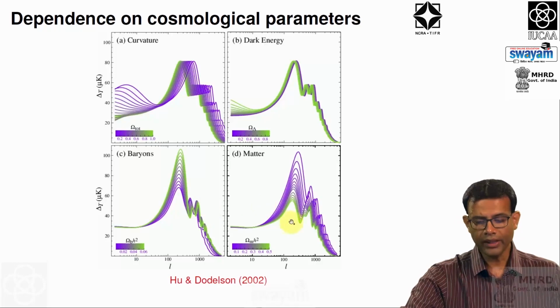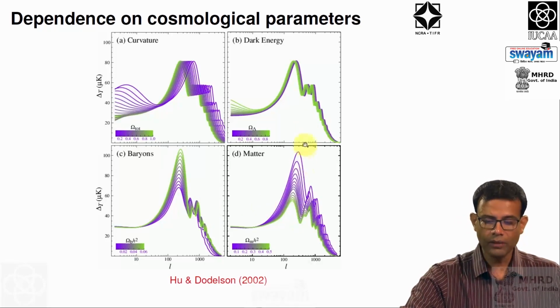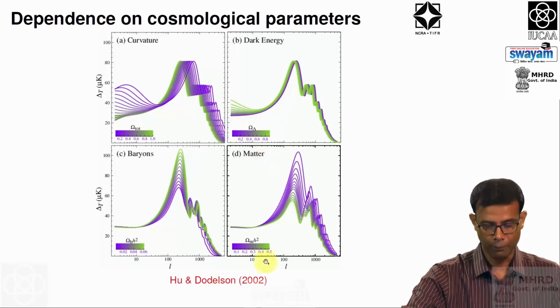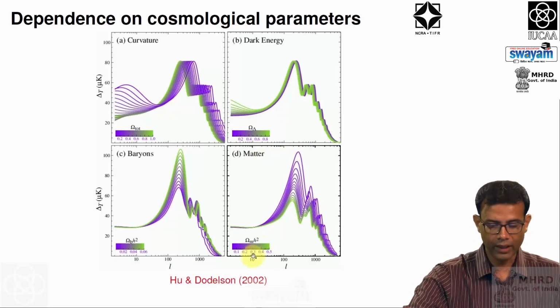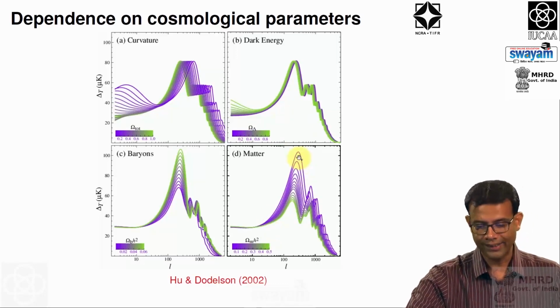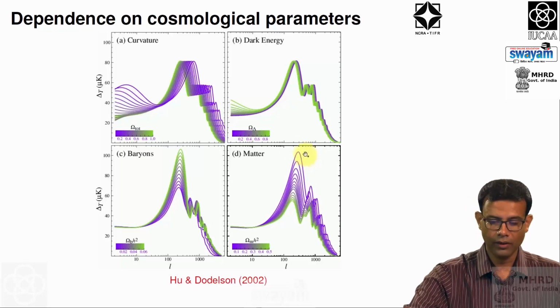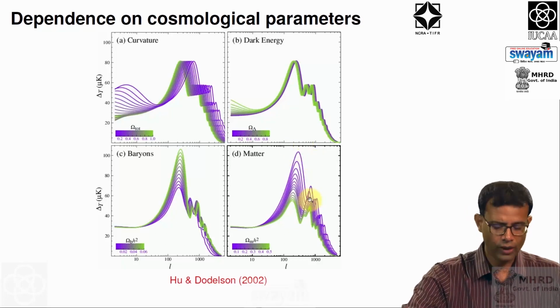But then there are complications because the amplitude of the first peak depends on the matter density as well, omega m, which is shown in this panel. So, then one has to go beyond the first peak and do various things like the relative ratios of the first and the second peaks and so on.